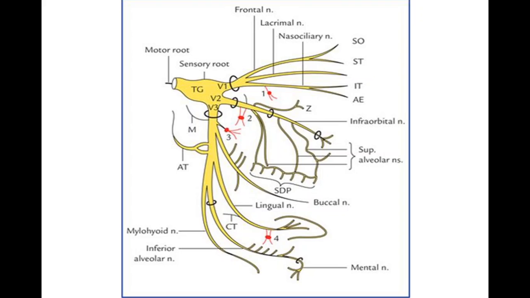As such, these autonomic fibers and even this special sense of taste are not functionally associated with the trigeminal nerve, but only physically related to it. Functionally, they are with the facial and the glossopharyngeal nerve, not with the trigeminal nerve.